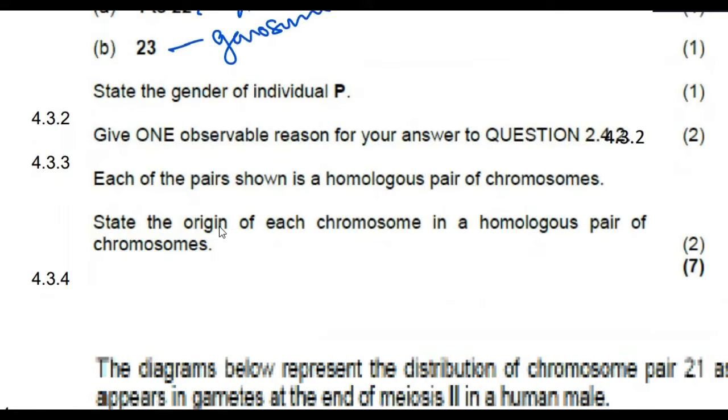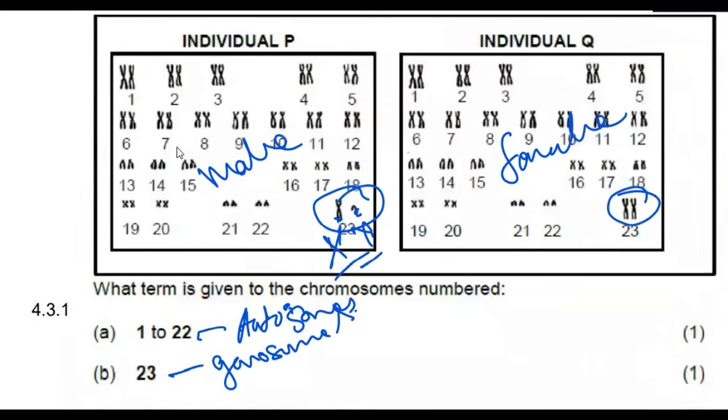State the origin of each chromosome in the homologous pair of chromosomes. So here, there are two. Where are they coming from? These pairs, one is coming from the father, and one is coming from the mother. That's why there are two.